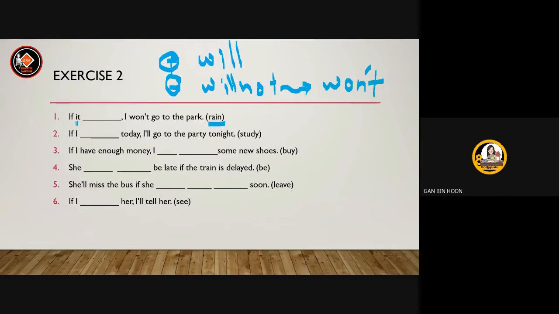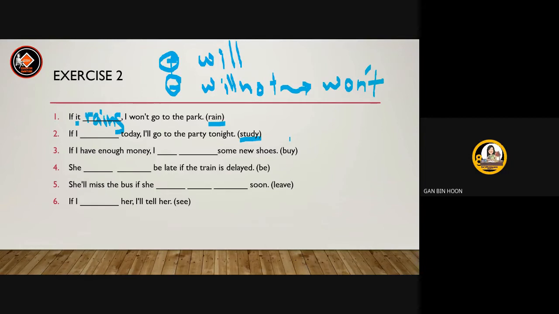It is day. So the answer will be if it rains. If it rains, I will not go to the park, or I won't go to the park. Number 2. If today, I'll go to the party tonight. So the given verb is study. So what's the answer?